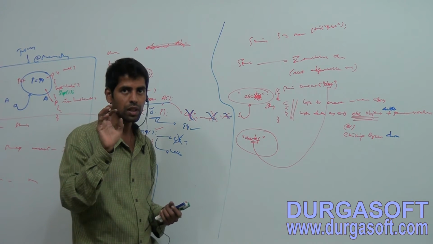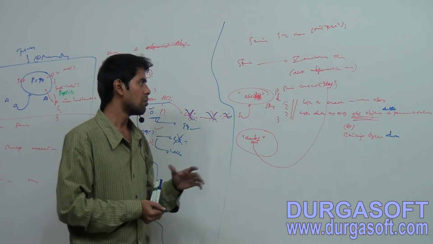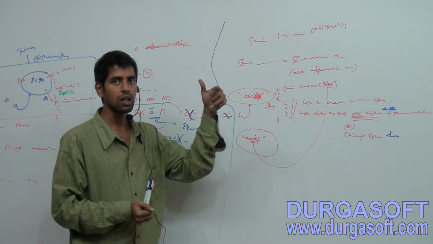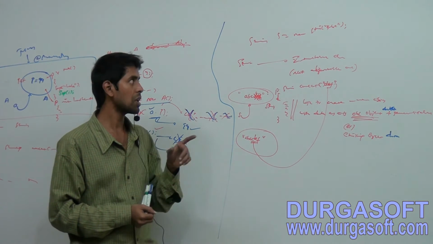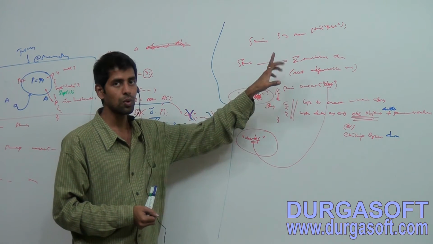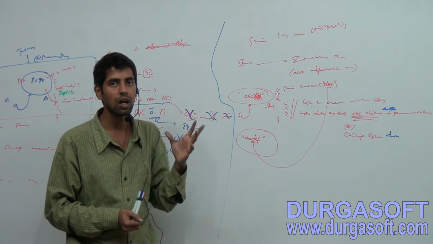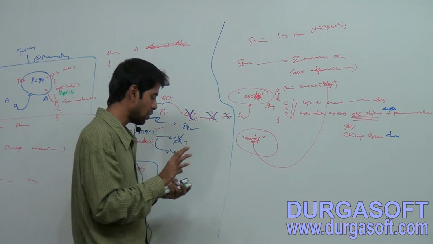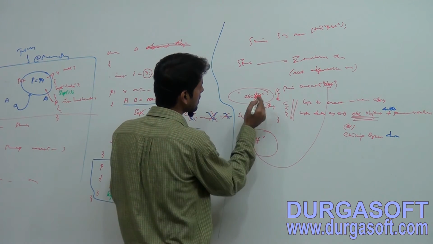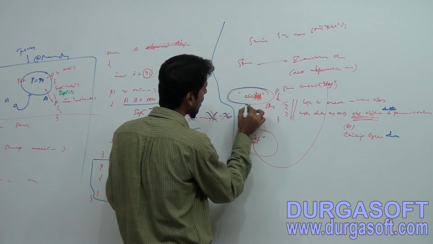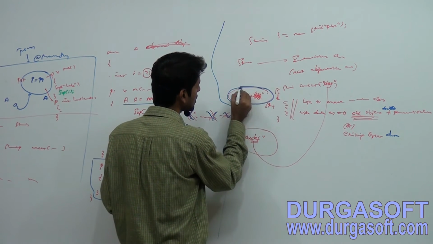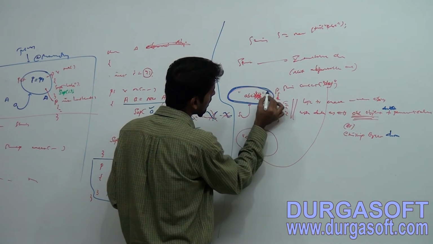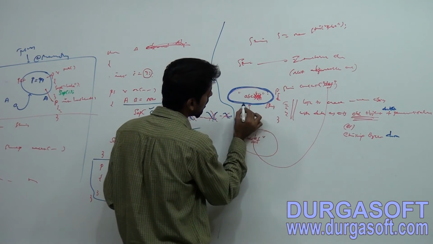Most of us say the string object is immutable, the String class is an immutable class. Why? Simple. Let me explain one thing. This is a string object. This string object, what is it?